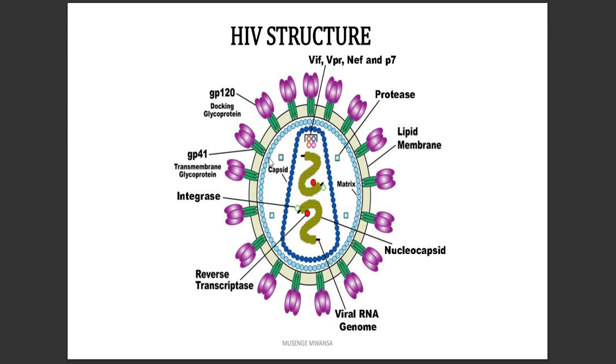Now inside we have got this structure just after the envelope, and this structure just outside the envelope is what we call the matrix protein, and it is made up of P17 or protein 17. And then we have got also this other structure.